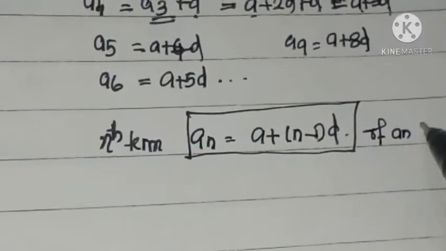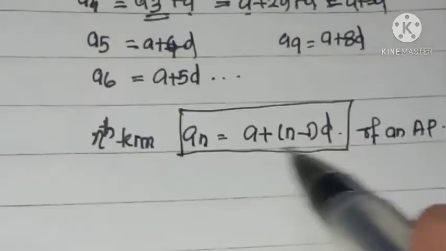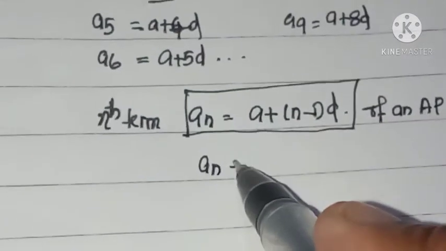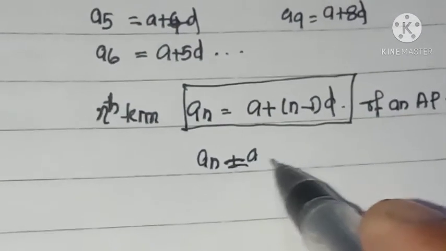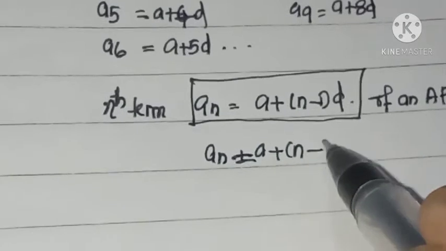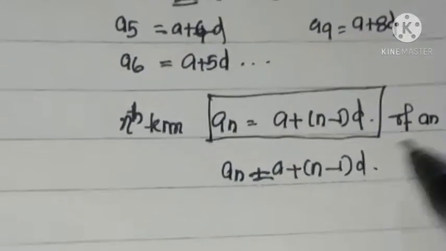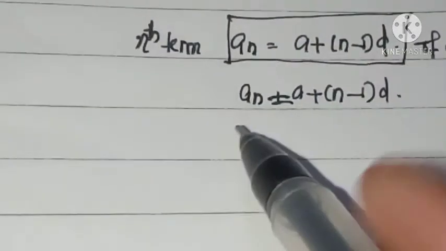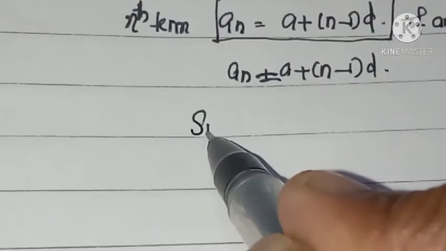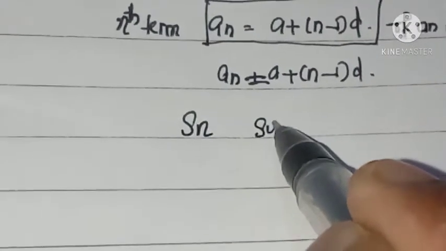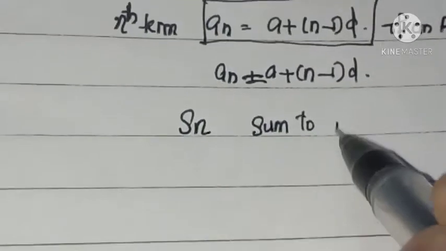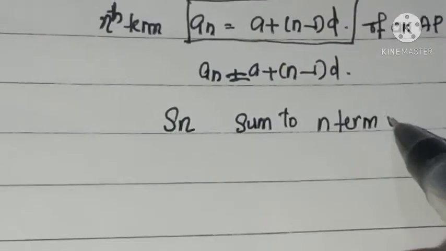Learn the formula by heart: the nth term of an AP is an equals a plus n minus 1 into d. Now you studied the sum to n terms, Sn. How to find the sum to n terms of an AP?